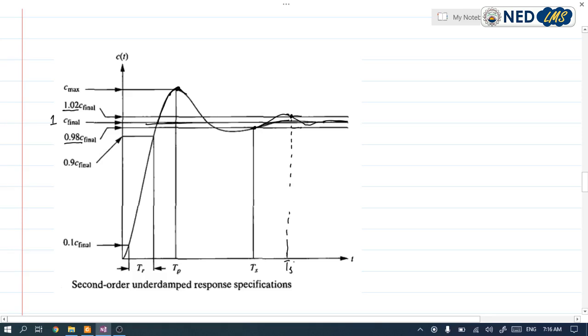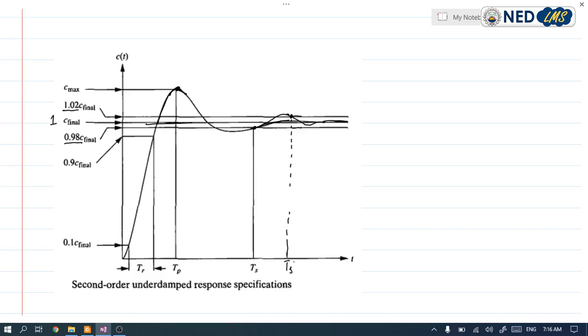So these are the physical representations of these terms, and we notice that the definitions for settling time and rise time are basically the same as the definitions for first order systems.